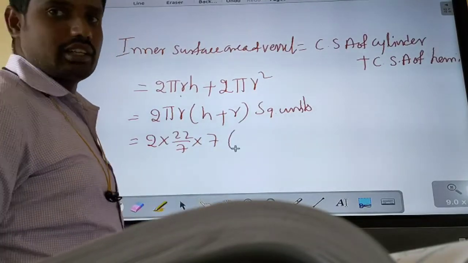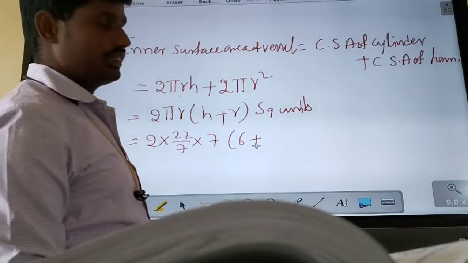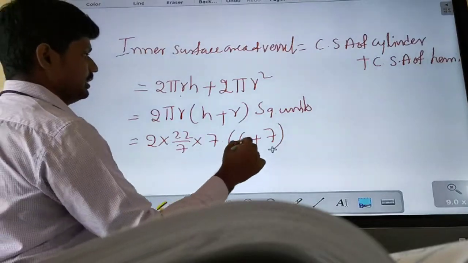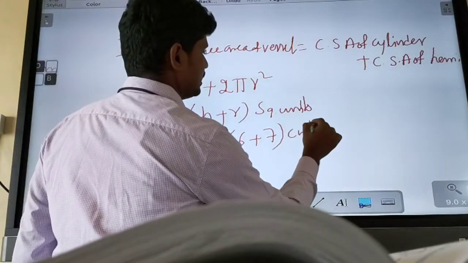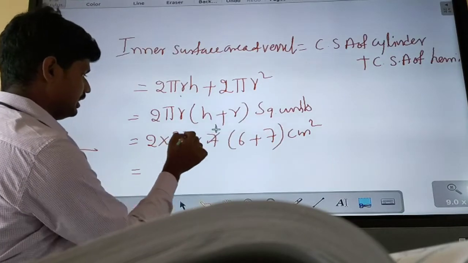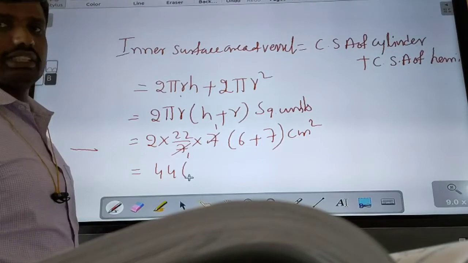Height of the cylinder, how much, children? 6 plus radius 7. Now simplify. The unit is centimeter square. Now 7 1s are 7. Final answer: 2 into 22 is 44. Solve inside the bracket. 6 plus 7, how much, children?